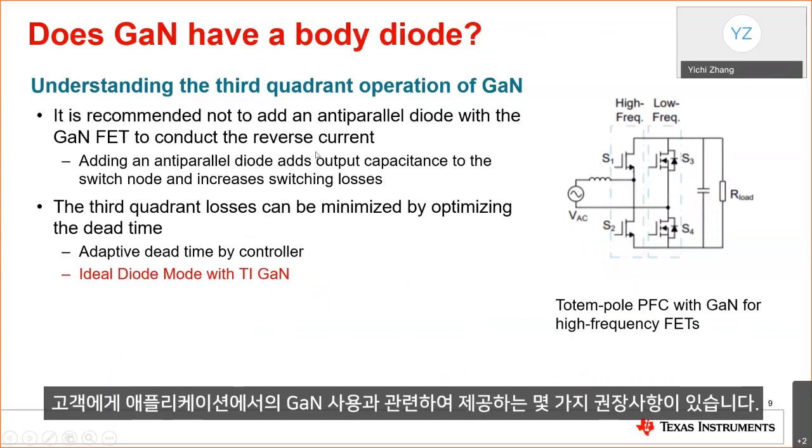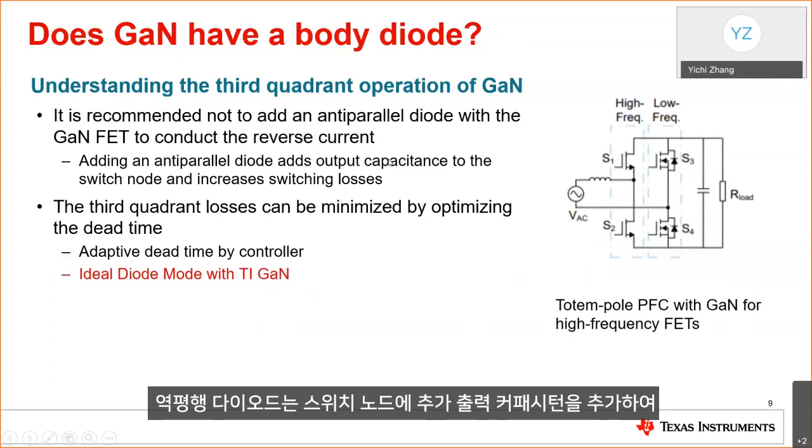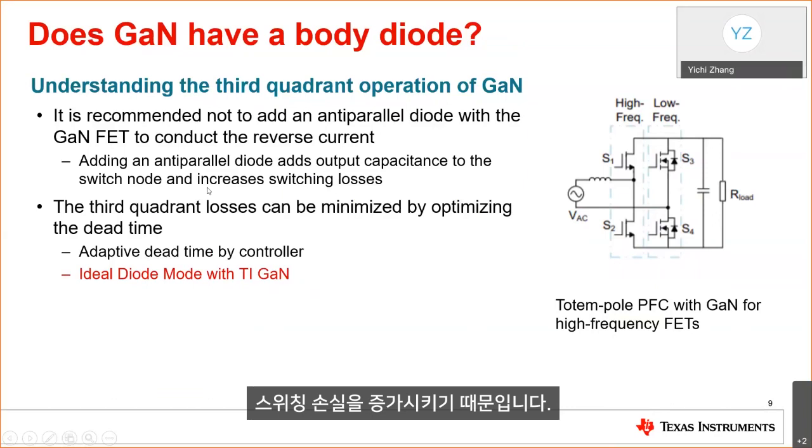Here are some recommendations that we give to customers about using our GaN in applications. It's recommended not to add an anti-parallel diode with a GaN FET to conduct the reverse current, because adding the anti-parallel diode will add additional output capacitance to the switch node and increase the switching losses.